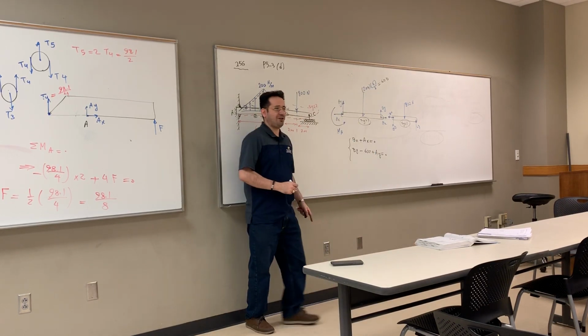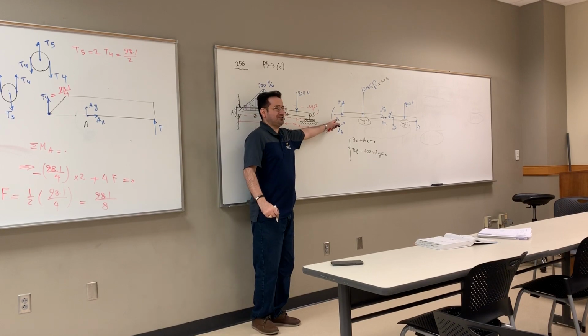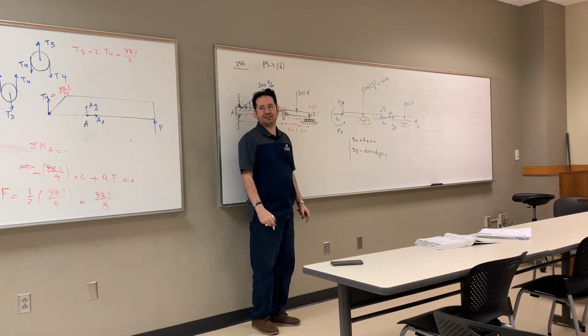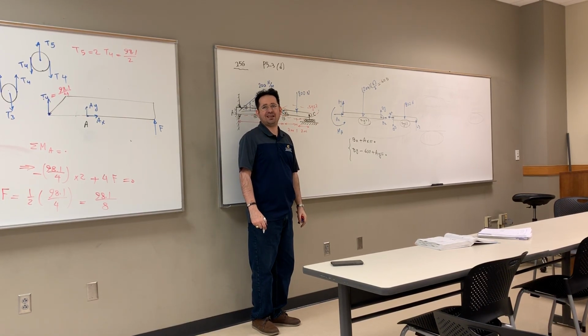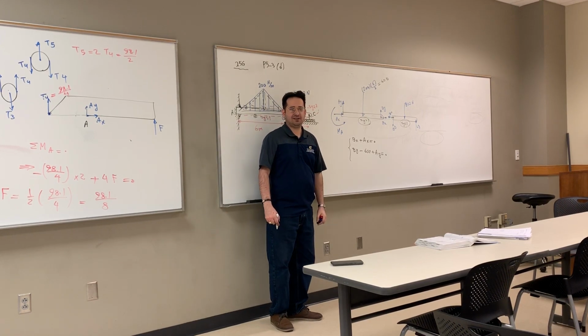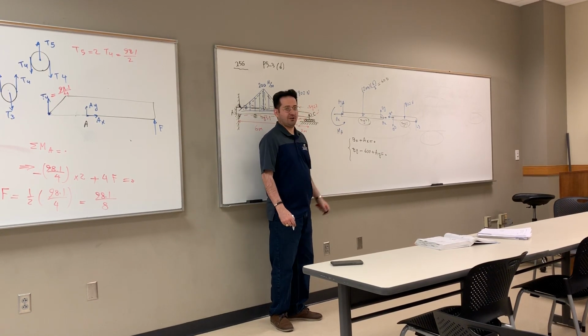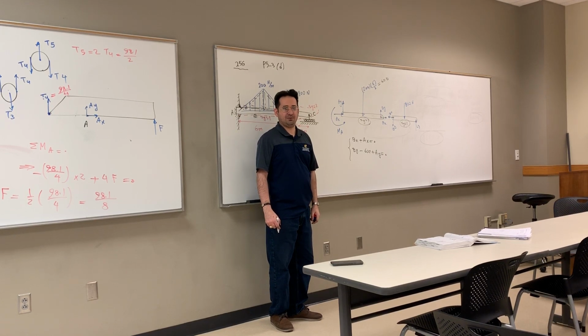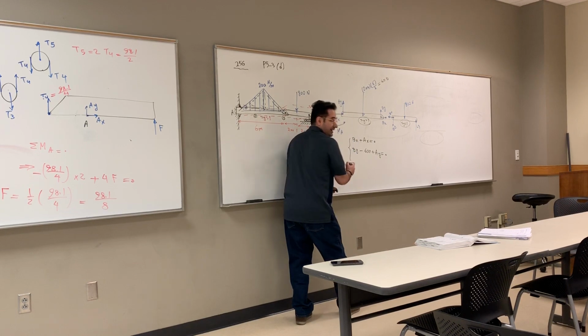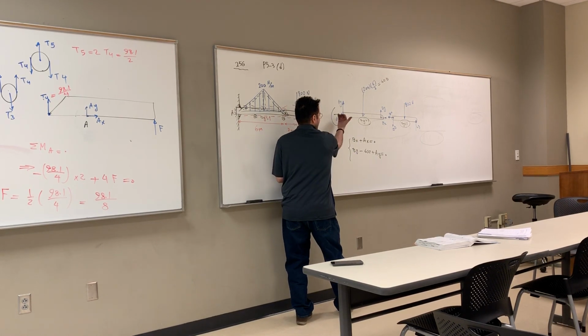So what I want you to tell me is what I should write here. Summation of moment around point A. Let's start with Ax. Does it have any contribution to the moment? No, right? Ay, no. What about this guy? Yes, MA. Do I know it? No, so just add MA. Positive or negative? Positive.